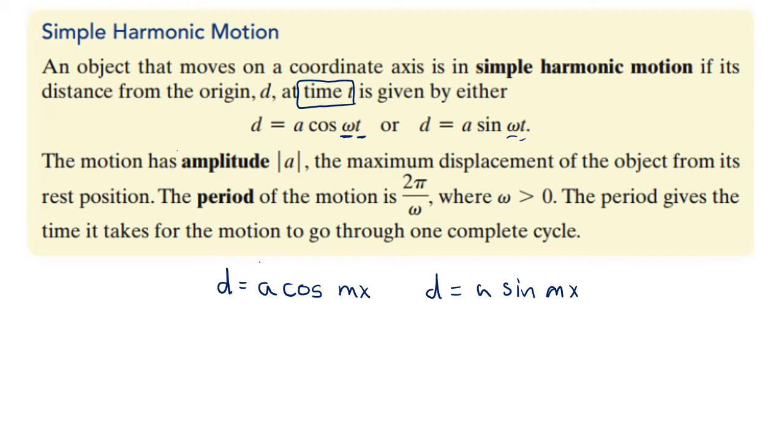Once again, a period is just one full cycle of the sine or cosine wave. You're used to seeing the period formula as 2 pi over m. 2 pi over w is the same thing. They just use the letter w instead of the letter m.